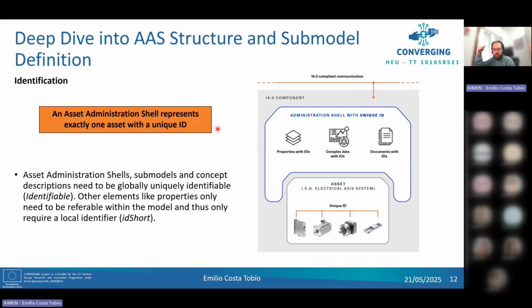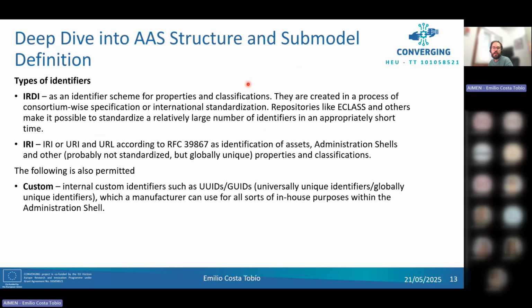Other elements, if we go down the tree of the asset administration shell, other more specific elements just need to be locally identifiable in their space. So speaking about these identifiers, in the document there is a specific section that details how to use these IDs.